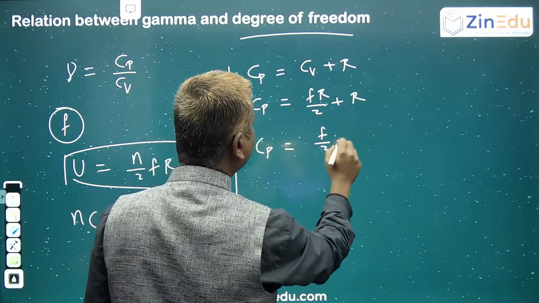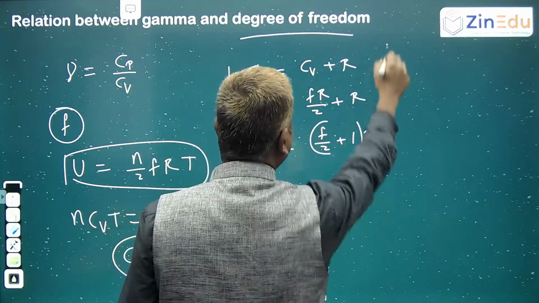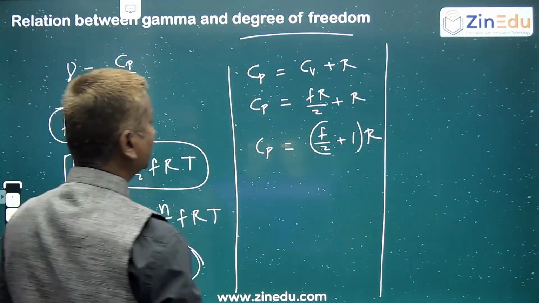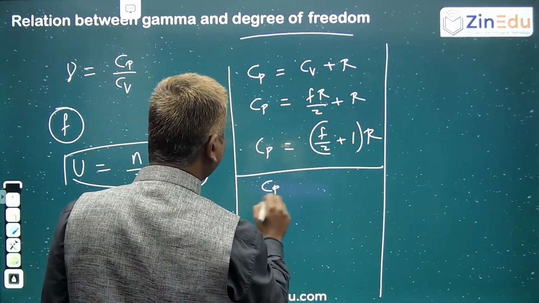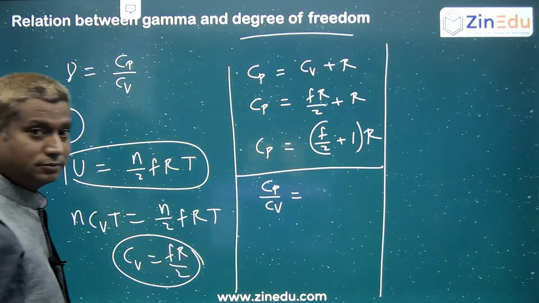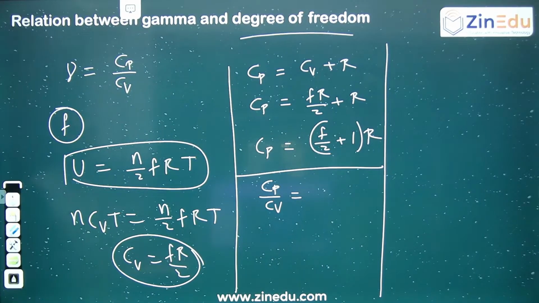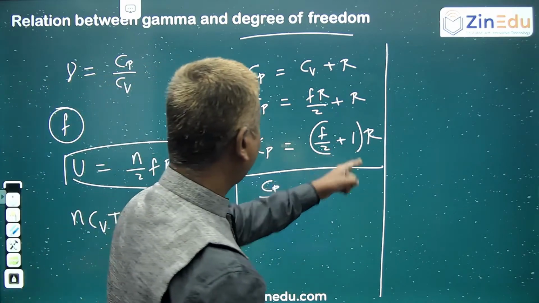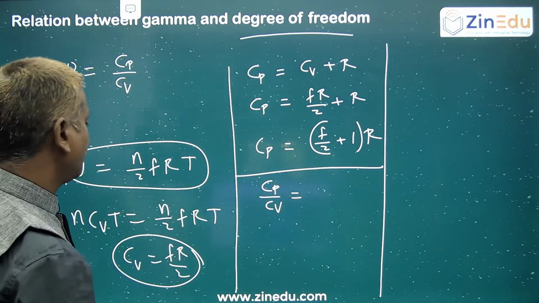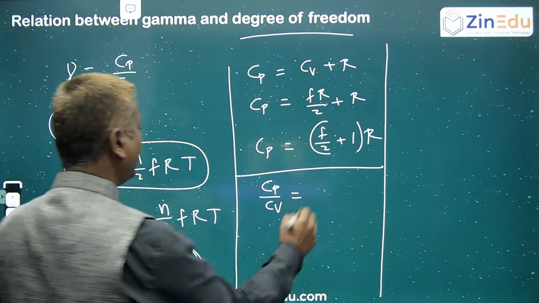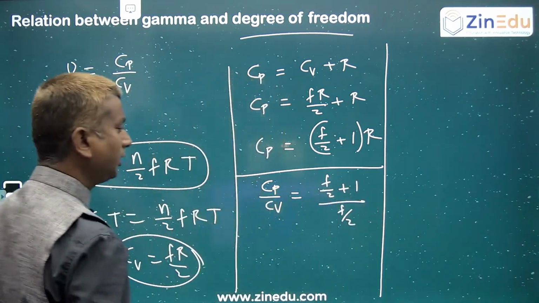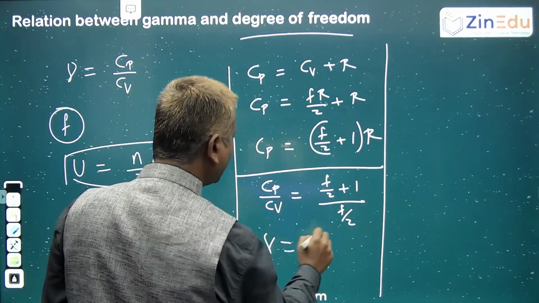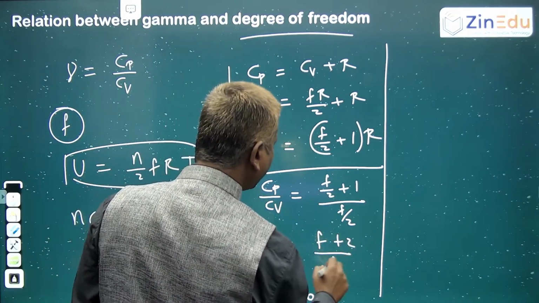Done. Now, if you want to calculate Cp by Cv, Cp is f by 2 plus 1 times R, Cv is f by 2 times R, and R cancels. So gamma is equal to 1 plus 2 by f.